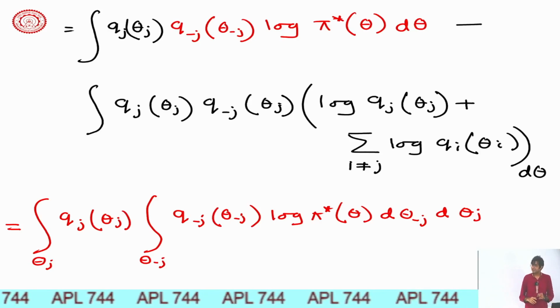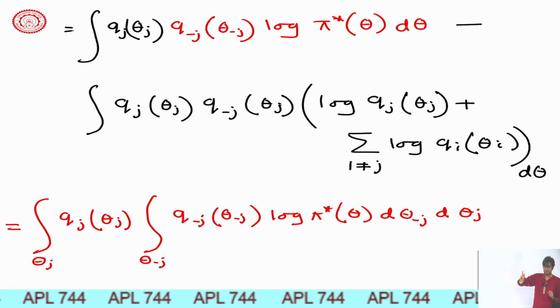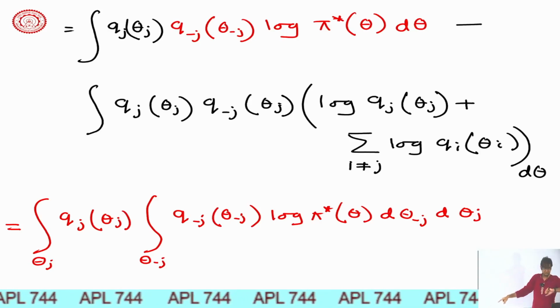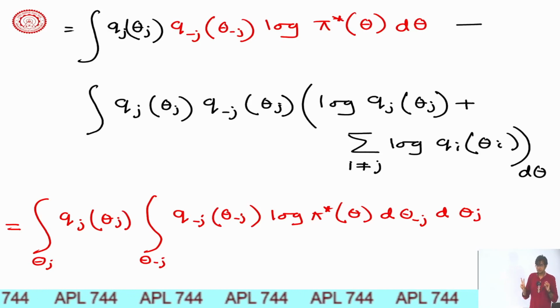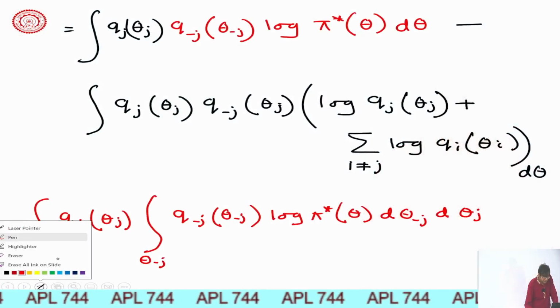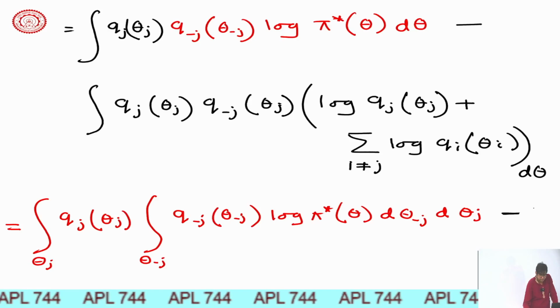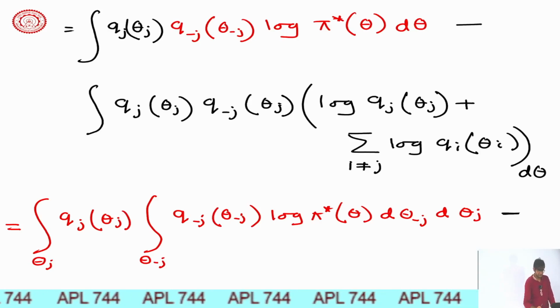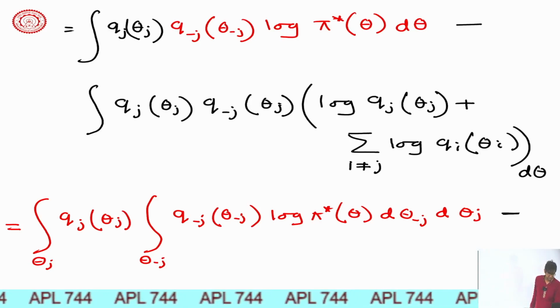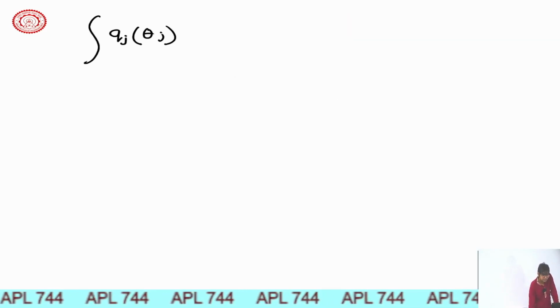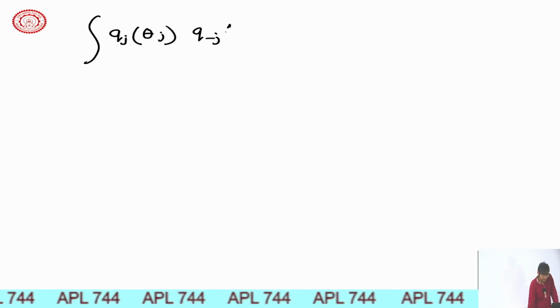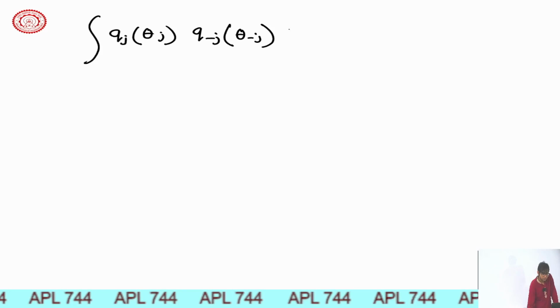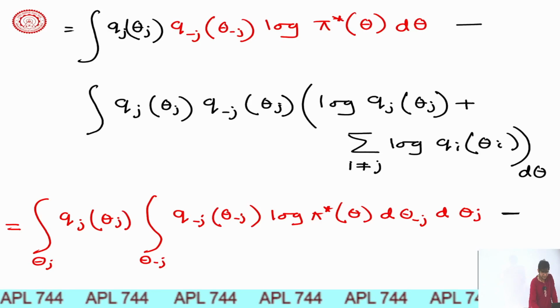There is one more term, the second term. The second term is easily decomposed into two terms because the summation is there, right? So the second term I will decompose into two terms. So minus, what will be the first term? The integration of qj theta j, then q of minus j theta of minus j, log of qj theta j, right?